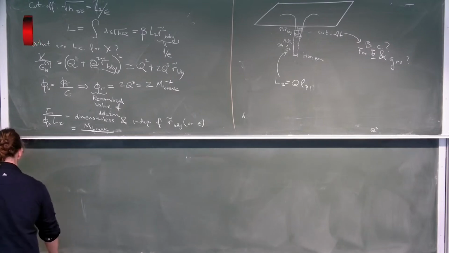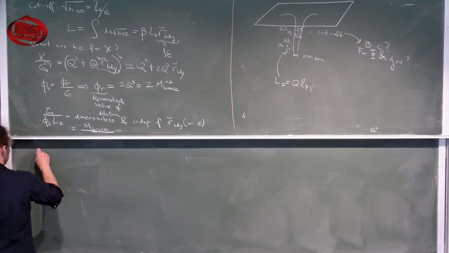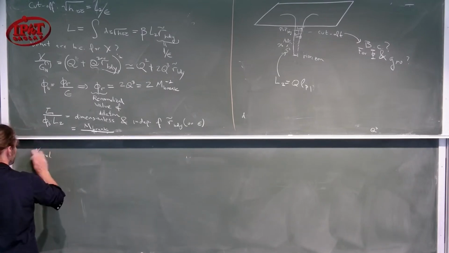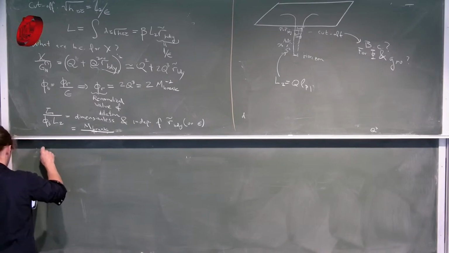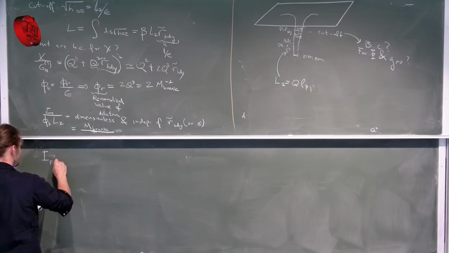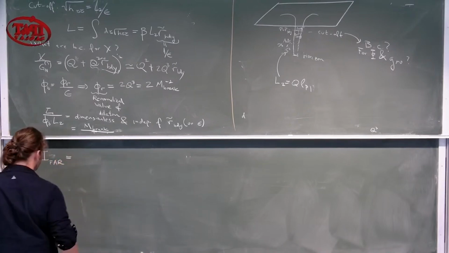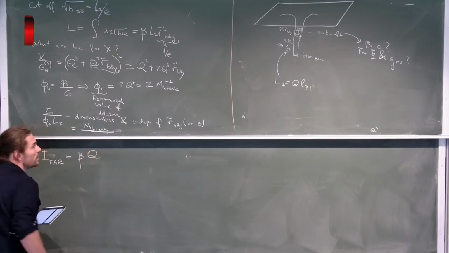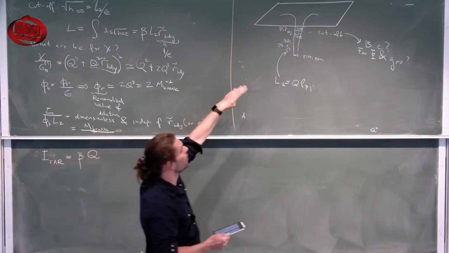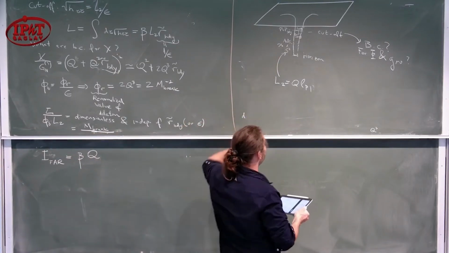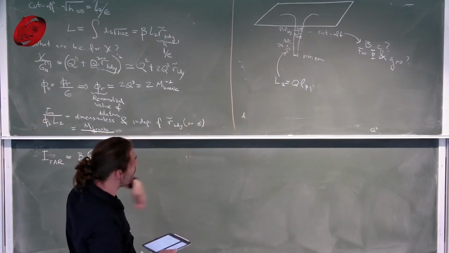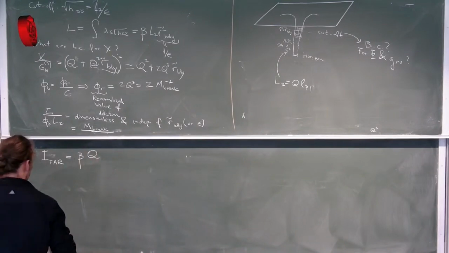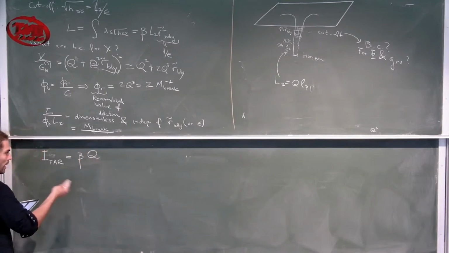So what one finds is that the action far away is simply given by beta times q. So even though we inputted the extremal metric and extremal value of the dilaton, the time direction is still periodic and has period beta. That doesn't change.